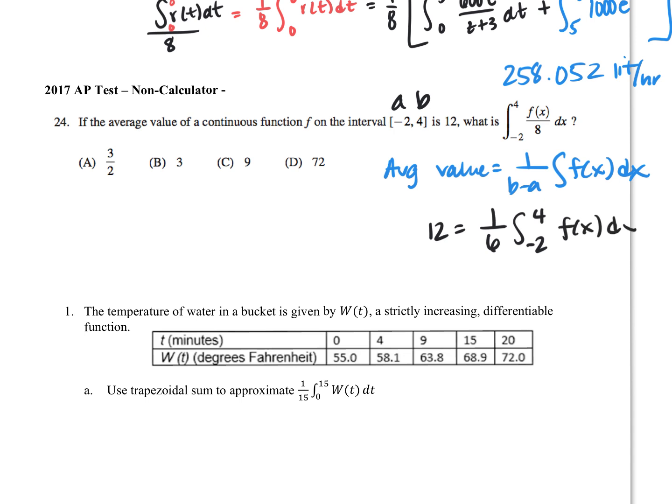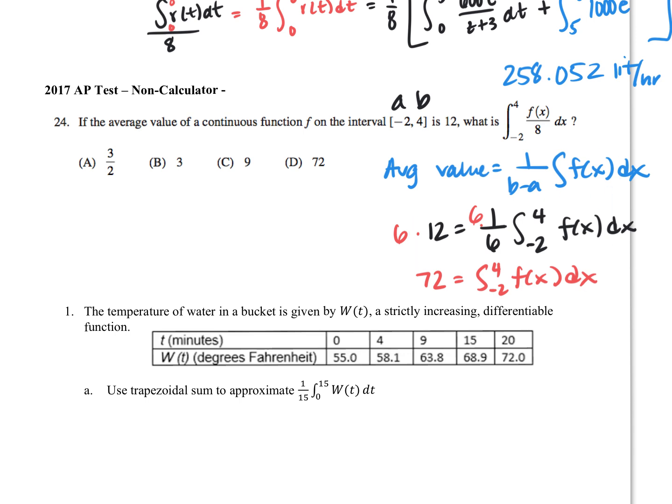That's my average value. So I've put some information in, but I haven't really dealt with that 8 yet, have I? Yeah, what is that? Exactly. So real fast though, if I just wanted to get this alone, could I multiply both sides by 6? Could I say times 6, and I get 72 equals this integral from negative 2 to 4 of f of x.